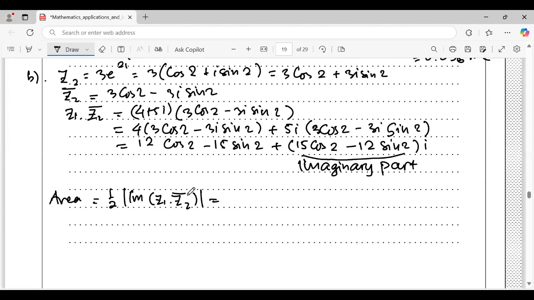Modulus means this number cannot be negative, it must be positive.